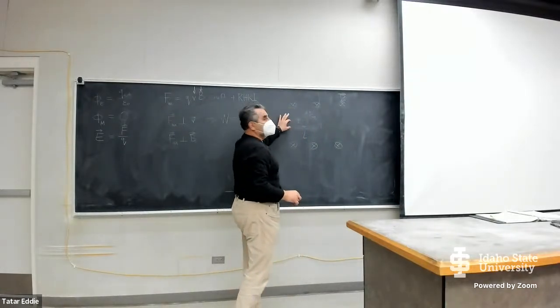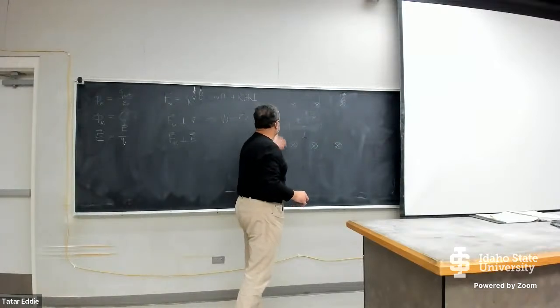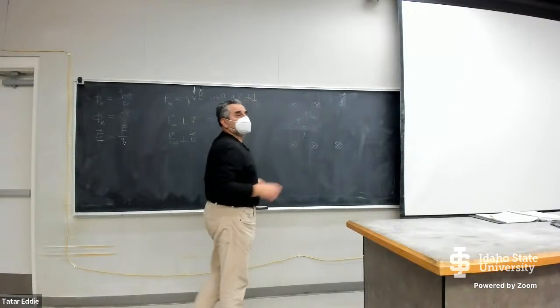But we're only talking about this piece of the circuit that is in the magnetic field. The rest may be out of the magnetic field, so you don't worry about it.